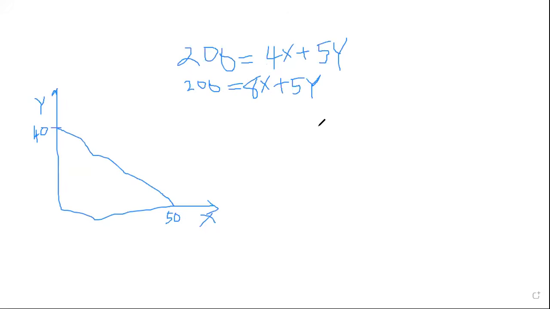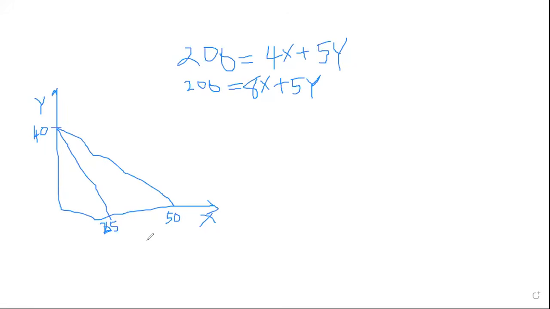For Y, we will continue to have our 40 on the vertical axis. Now let's see what X would be. So X will now be 200 divided by 8, and that should give you 25.